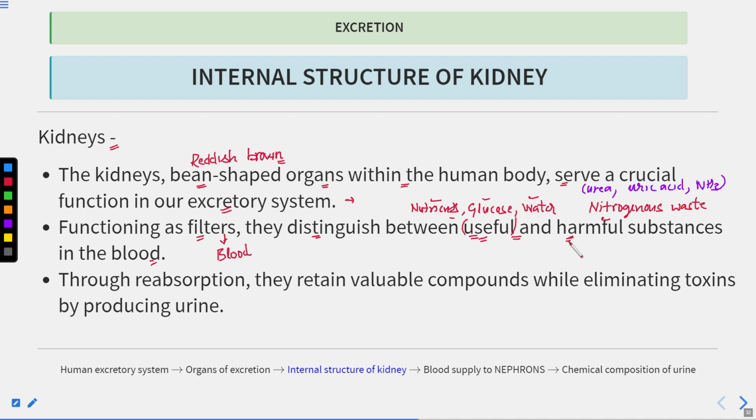The harmful substances such as this nitrogenous waste and the excess nutrients and excess salts are eliminated out of the body. So the kidney can distinguish between the useful and the harmful substances. What is the function of the kidney? It acts as a filter and helps in the filtration of the blood.